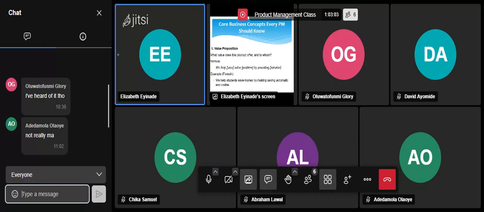Who is going to go first? Just pick from those numerous wonderful ideas that you've heard and tell me the value proposition, because you need to have a value proposition for your products. That's what sets you apart from your competitors. So who is going first? Tofumi, Chika, Abraham, Adedamola.